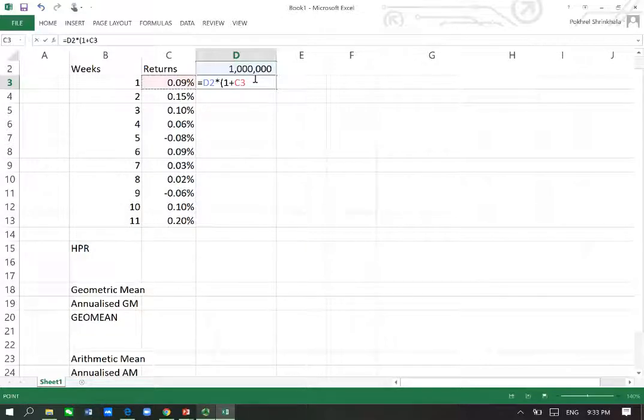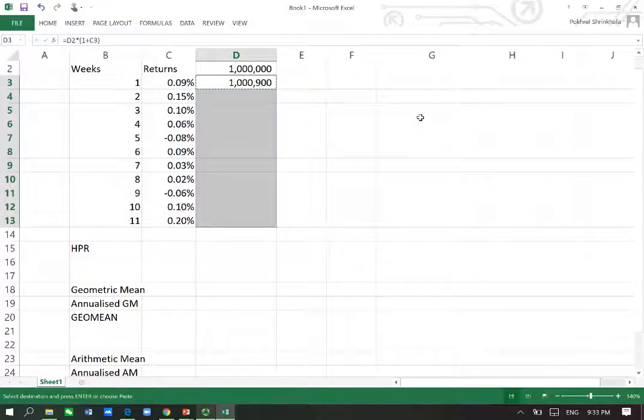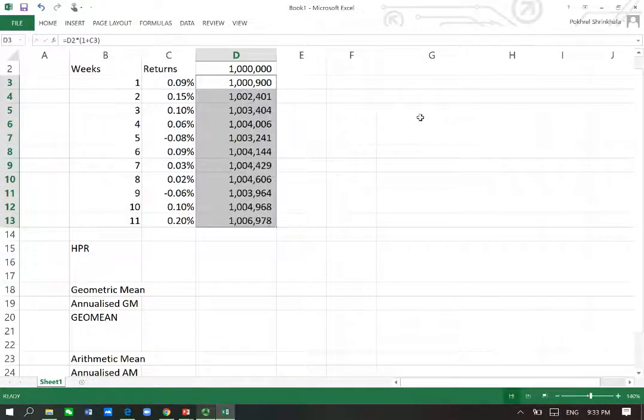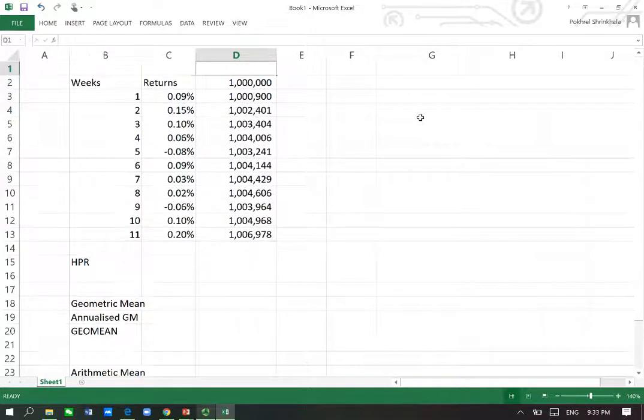0.09% is growing to become this amount, and so on, so that at the end of week 11 1 million is now 1,006,978.